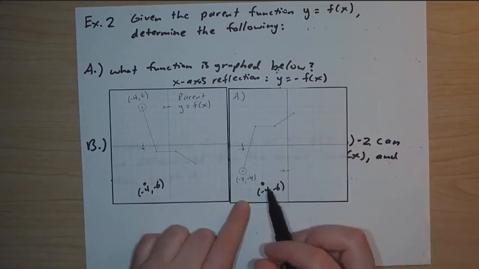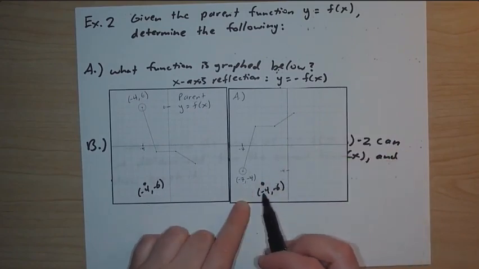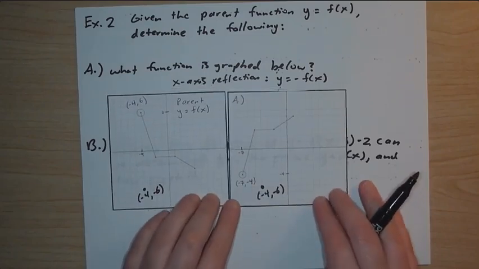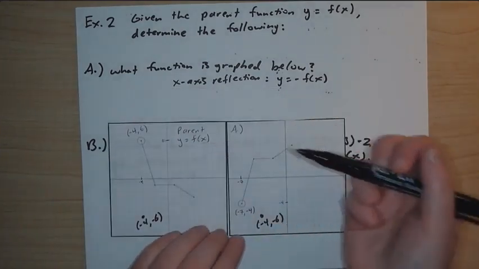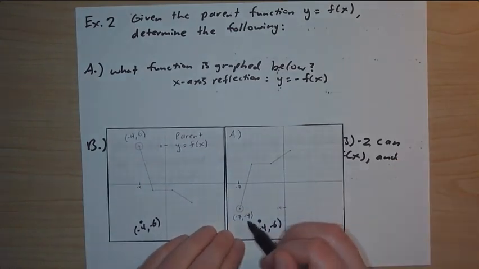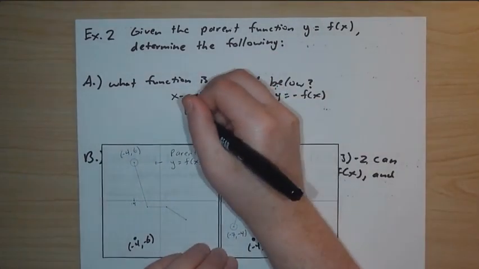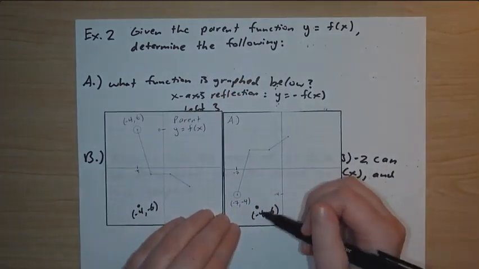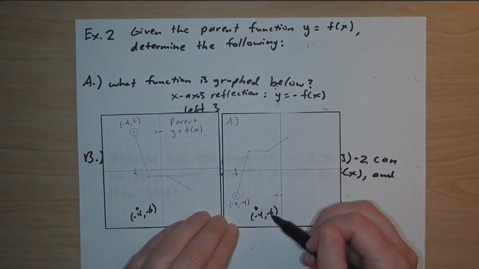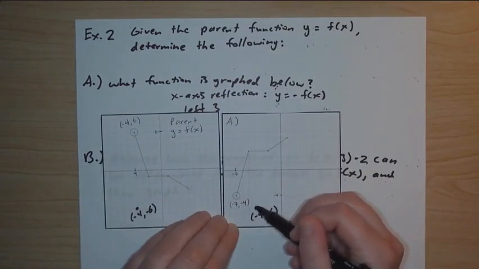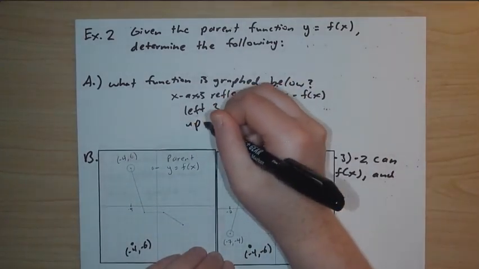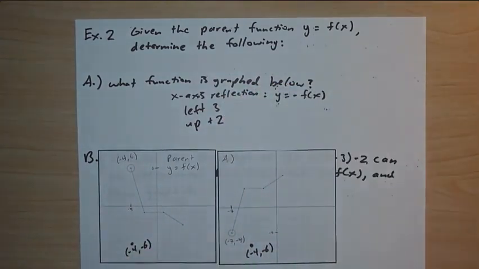And it looks like we have moved horizontally from negative 4 to negative 7. So we've gone left 3 points. 1, 2, 3. And we've gone upwards, from negative 6 to negative 4. So we've gone up 2 spaces, plus 2.